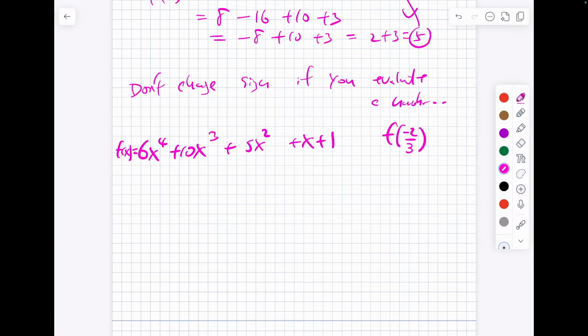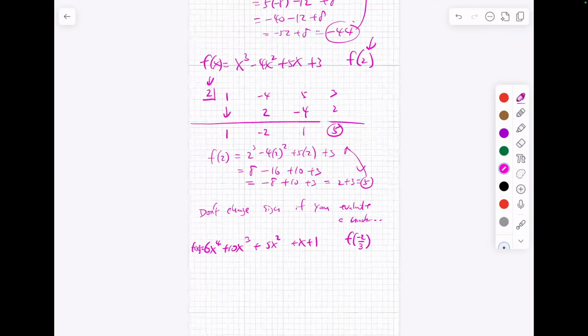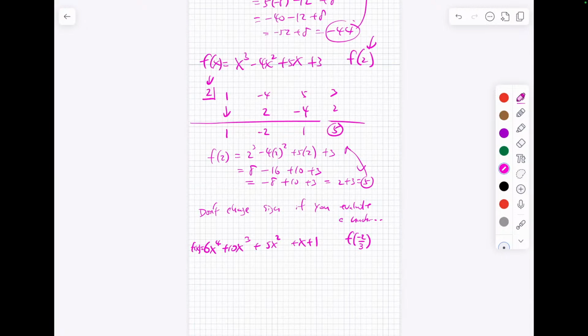Wait, are we supposed to put 1 and 1? Peter, can you help him?